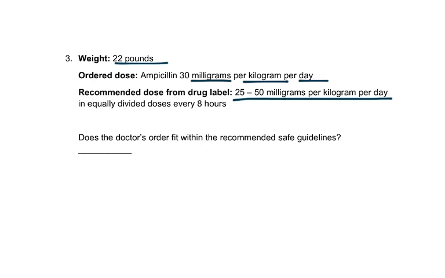And it should be divided into doses every 8 hours. So does the doctor's order fit within the recommended safety guidelines? Well, he ordered 30 milligrams per kilogram per day. The safety guidelines say 25 to 50 milligrams per kilogram per day. So the 30 is between the 25 and 50, so yes, it's safe.